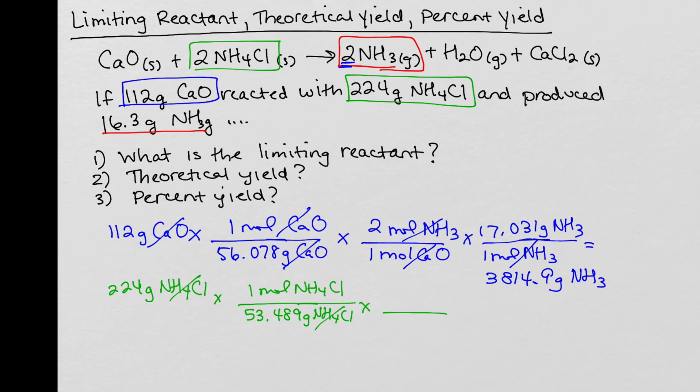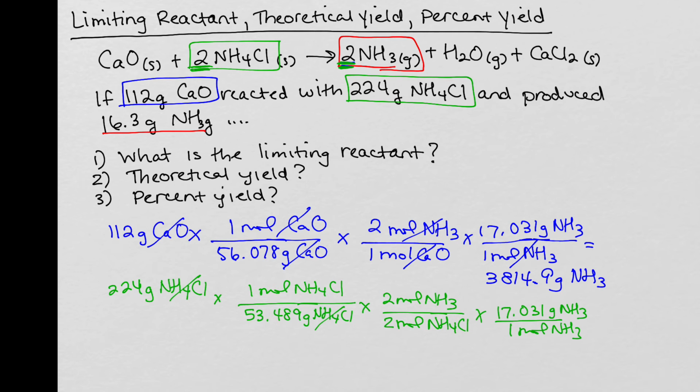The next step is to look at my chemical equation. This time I have a 2:2 ratio. So 1:1 or 2:2. So for every 2 moles of ammonium chloride that react, I produce 2 moles of ammonia gas. And then the last step here is going to be exactly the same as above. The molar mass of ammonia is 17.031 grams in 1 mole.